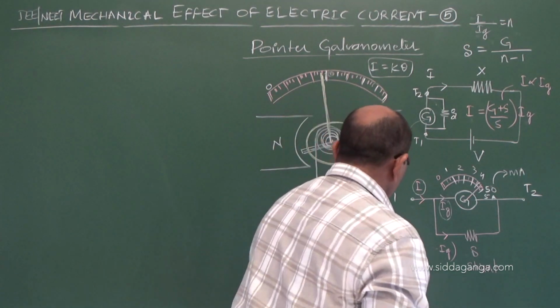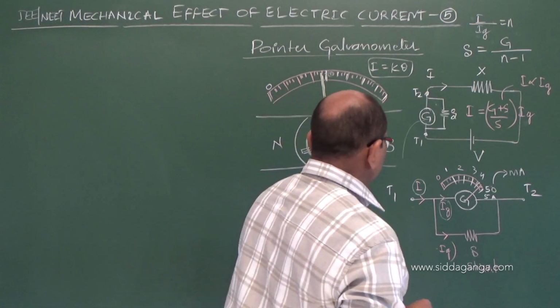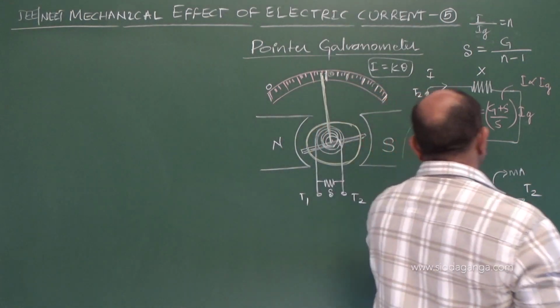Let us see how a galvanometer is converted into a voltmeter to measure the PD, the potential difference.